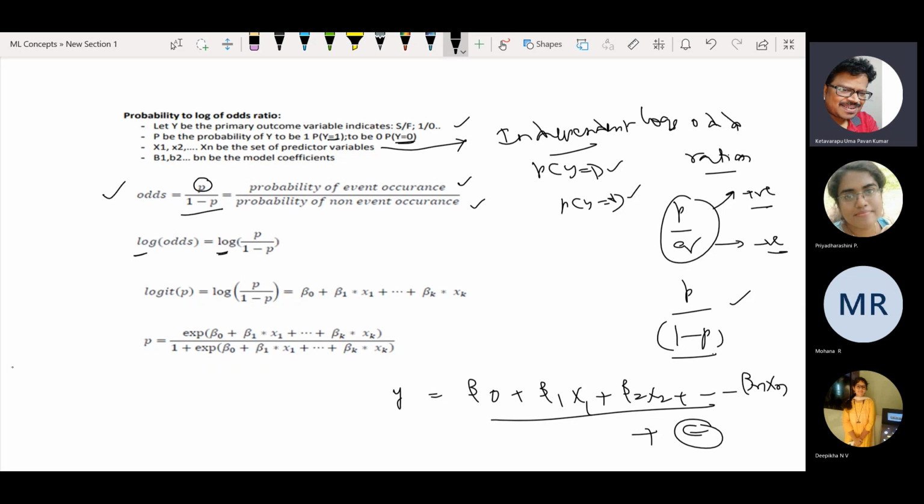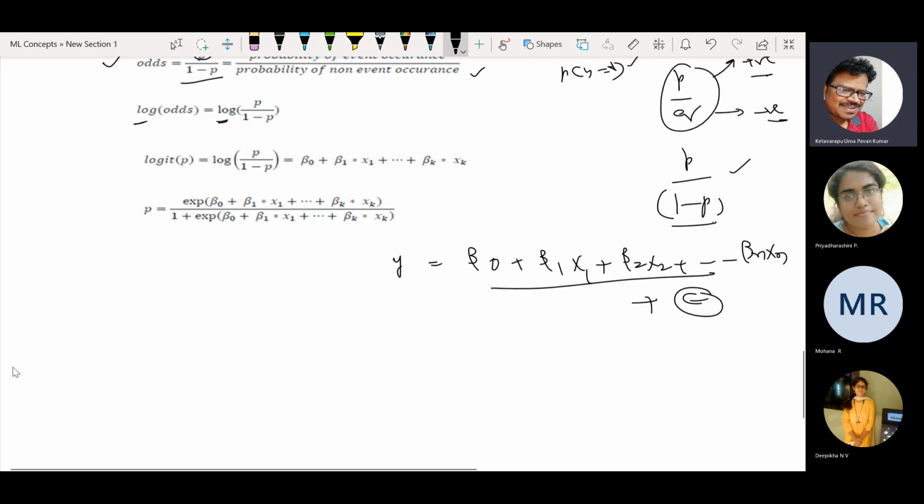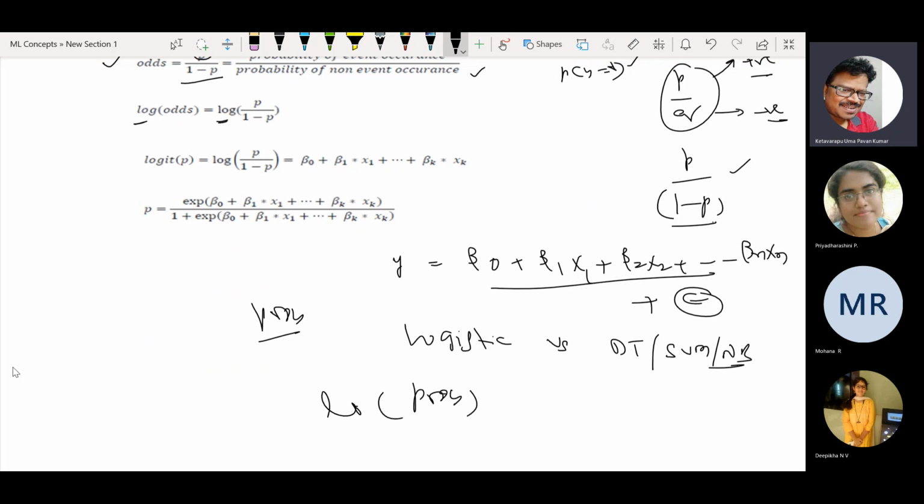One important point here, guys. If you are referencing the probability, so that we can compare logistic regression versus decision tree or support vector machine or naive Bayes, along with the probability theory we are using the logarithmic aspects also. We are studying very minute, detailed aspects.